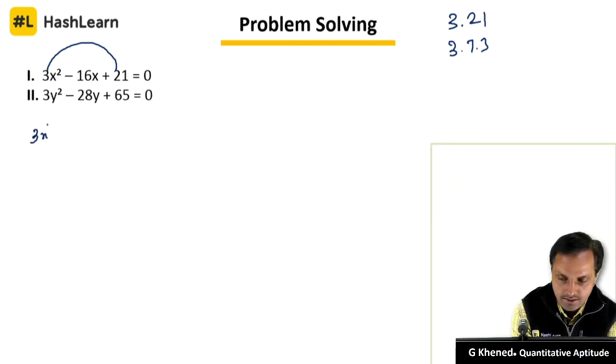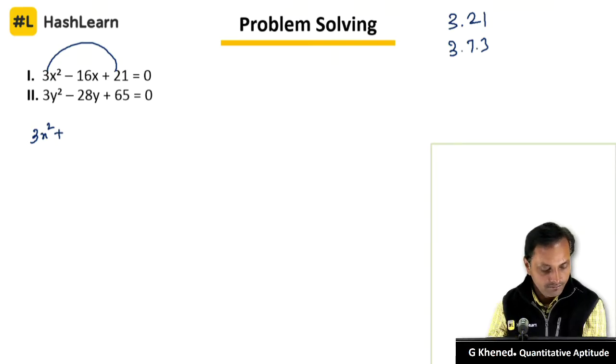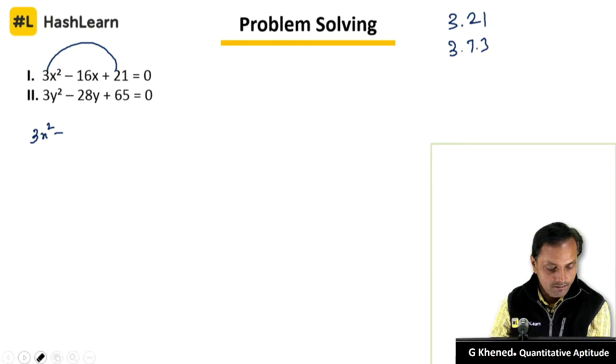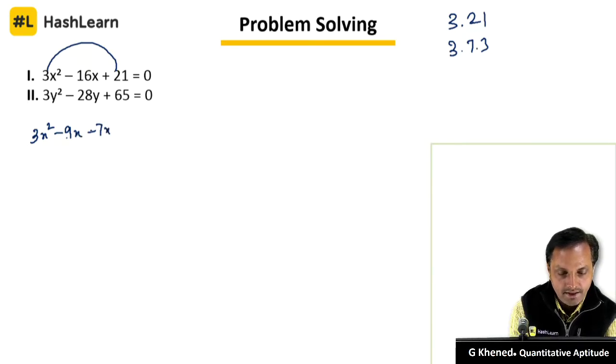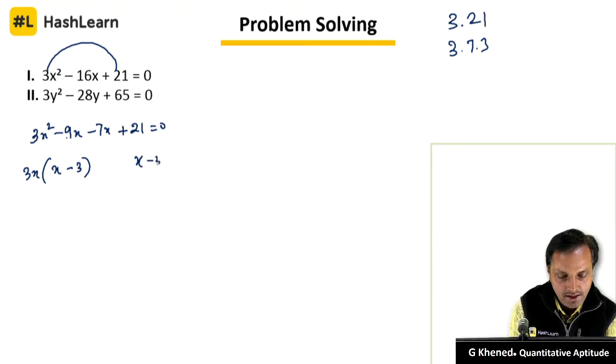So 3x square, there is a negative sign, the factors you can take are 9 and 7, 9x minus 7x minus 16x plus 21 is equal to 0, 3x is common. So similarly here x minus 3 when you take, minus 7 will be left out.